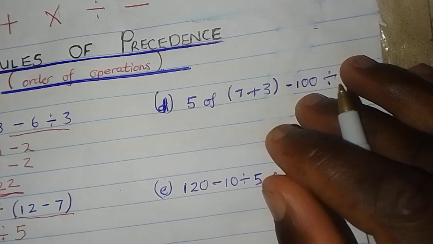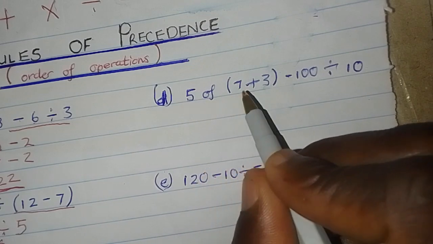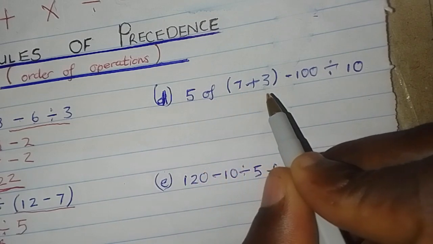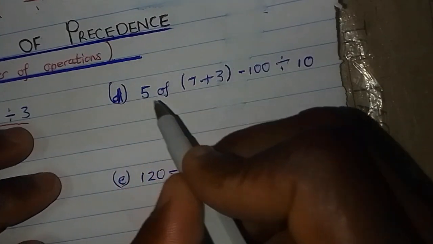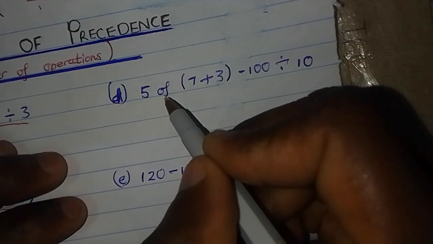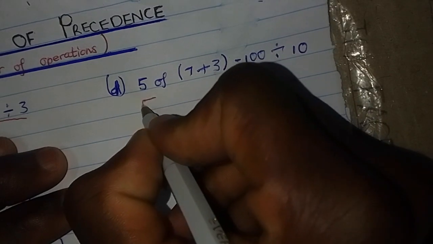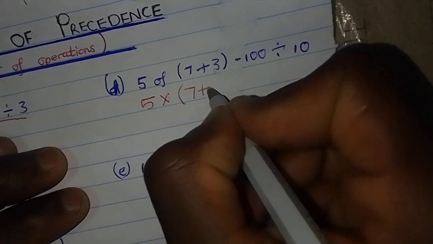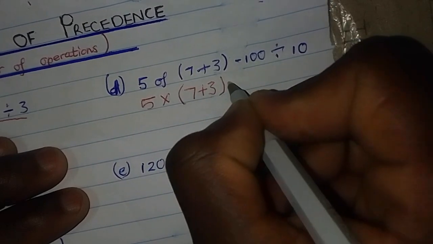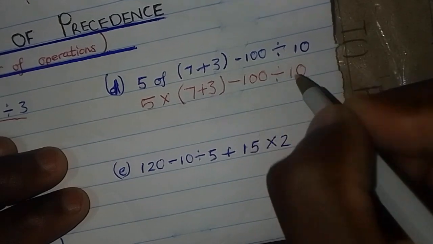Let's look at part D. Part D, 5 of brackets 7 plus 3. Remember, in mathematics the word "of" stands for multiplication, so let's first change that. We now have 5 times bracket 7 plus 3 minus 100 divided by 10.